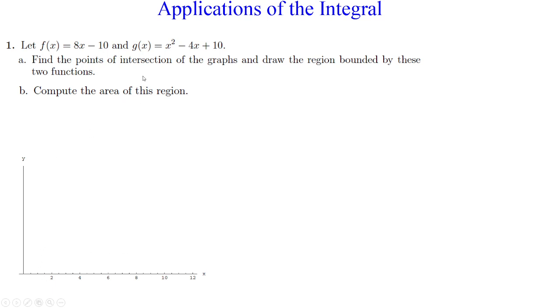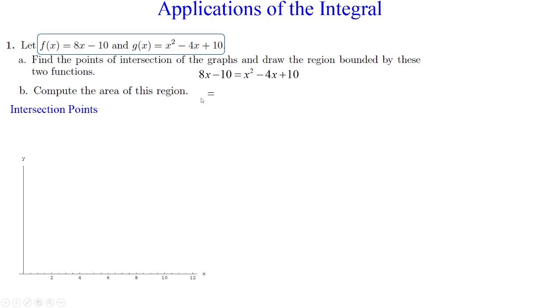8x minus 10, and g of x is x squared minus 4x plus 10. And we need to find the points of intersection. So I'm going to set the linear equal to the quadratic and solve for x. Yep, so 8x minus 10 equals x squared minus 4x plus 10. Okay, and then let's put this in quadratic form. So I'll go 0 on the left, and x squared minus 12x plus 20.